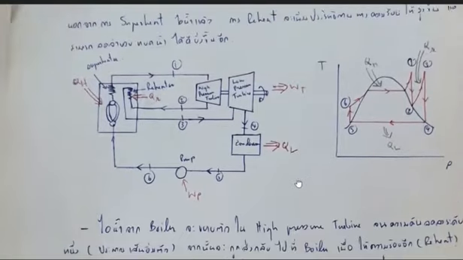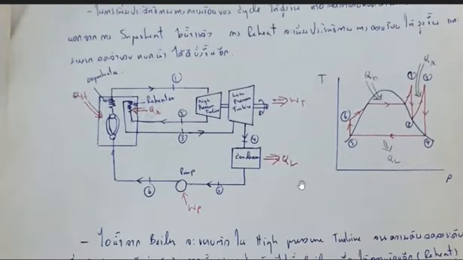Now we want to look at an example. This is the basic, I'd say common, cycle used in power plants in general, in a thermal power plant.